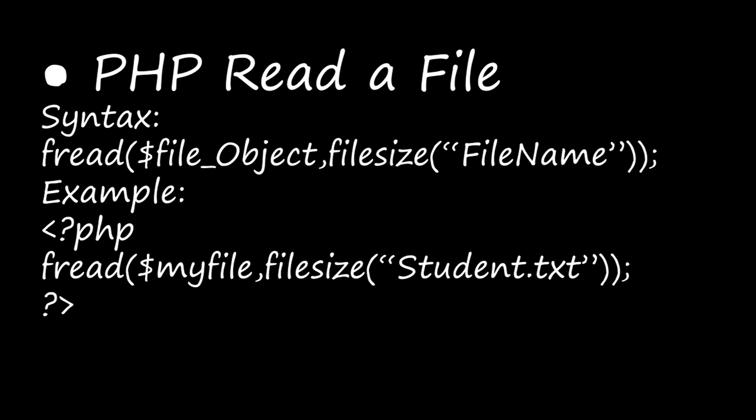In an example, you will write inside the PHP tag fread, then inside the bracket $myfile, comma, filesize. Inside the bracket you will write the name student.txt inside double quotes, close both brackets, end with a semicolon, and then at last end with the PHP closing tag, right?